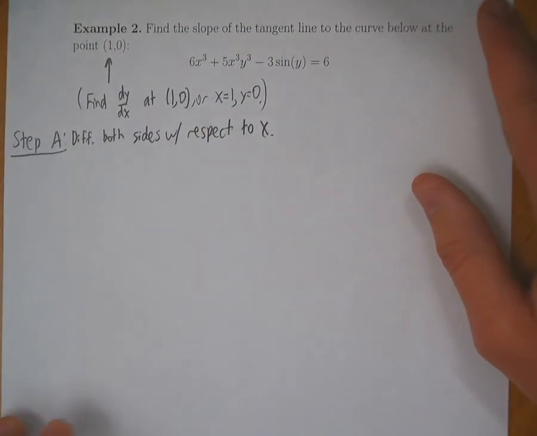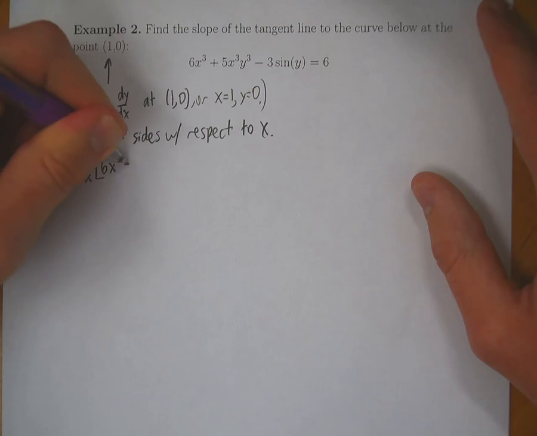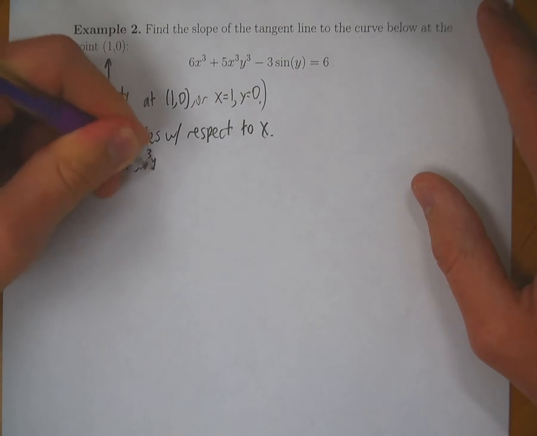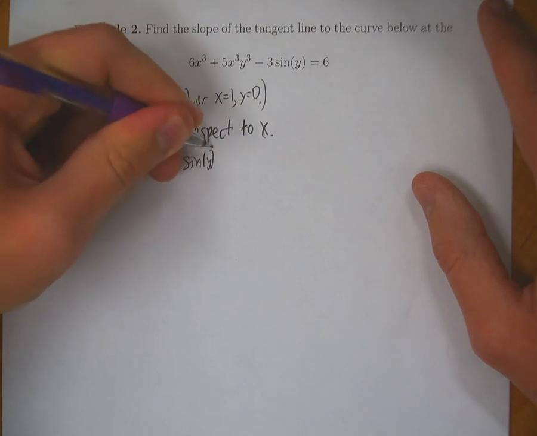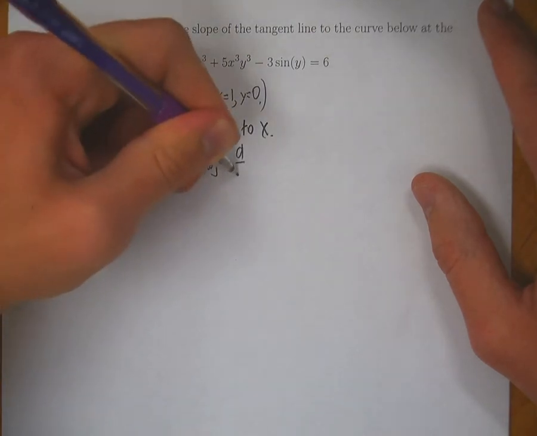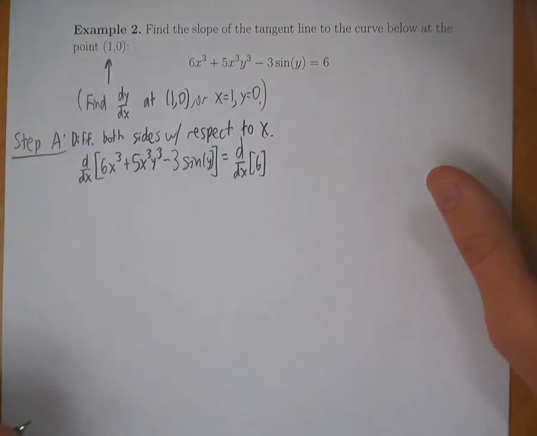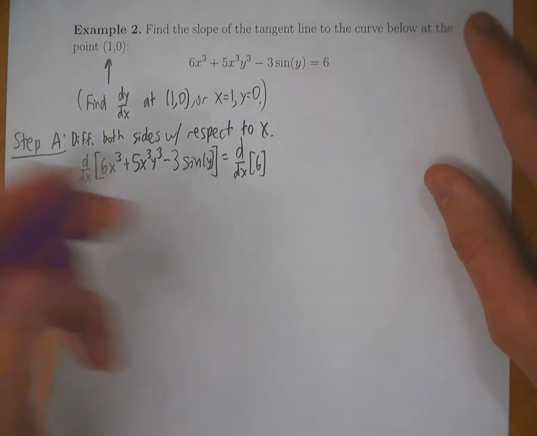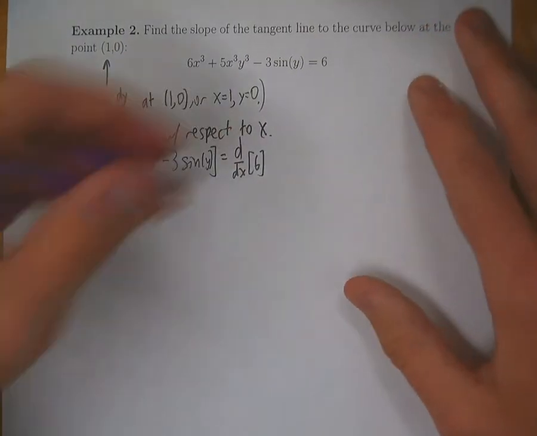So we have d over dx of 6x cubed plus 5x cubed y cubed minus 3 times sine of y equals d over dx of 6. With this, I'll spare you the details of the right-hand side because it's just a constant, so the derivative is 0, no questions asked.